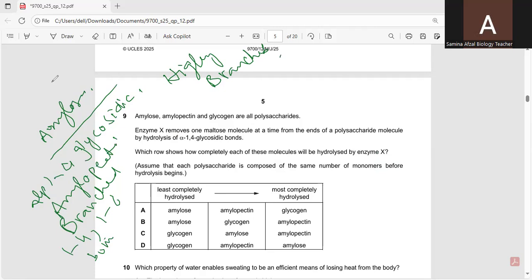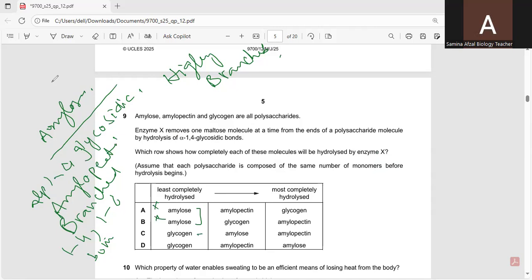So which is highly branched will be least completely hydrolyzed, and then which has a branch structure, and then which has no branch structure. According to this, amylose has no branch structure, so A and B are not the correct options.